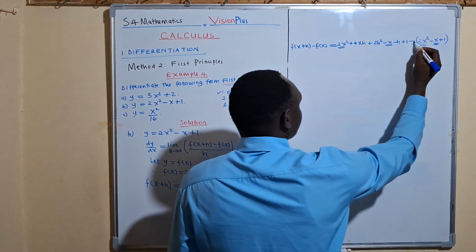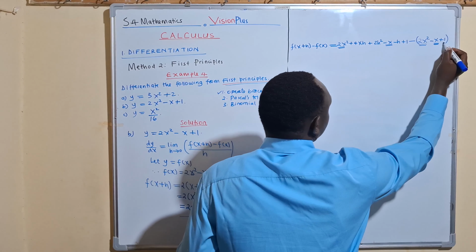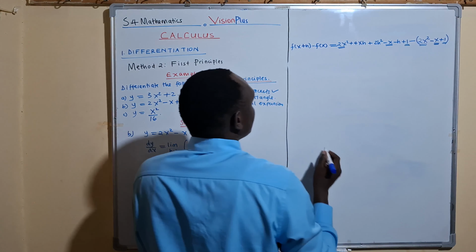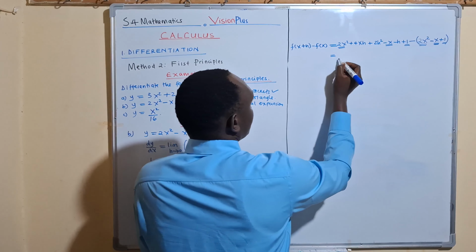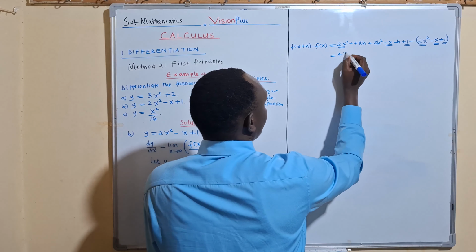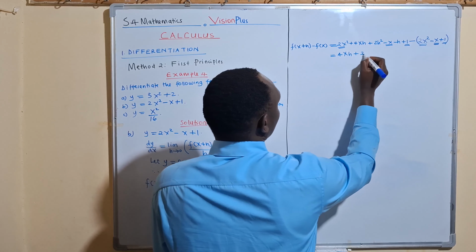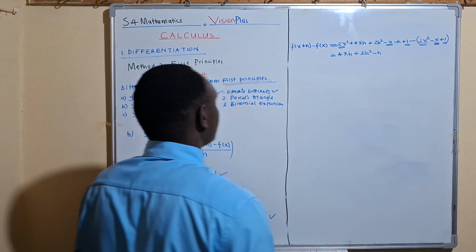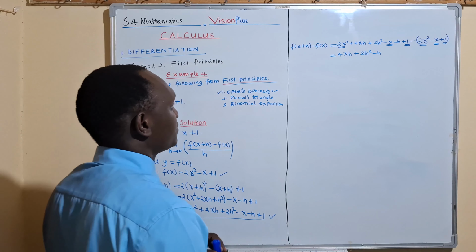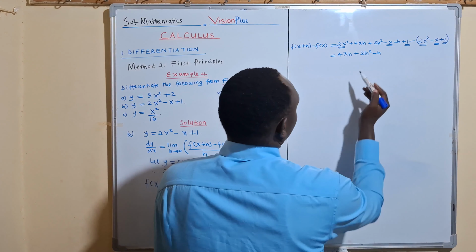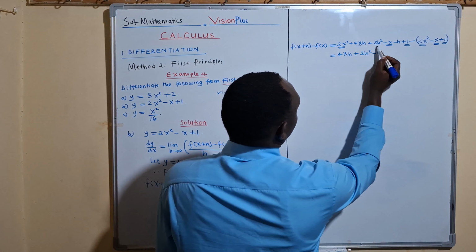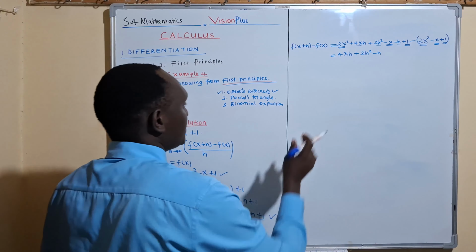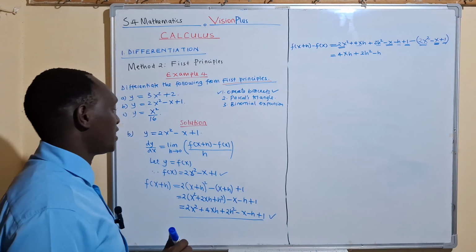There is a positive 1 outside here, so negative 1 cancels out with positive 1. That means the remaining terms are 4xh plus 2h squared minus h. Those are the terms that we are left with, this 1, 2, 3. Yes. So this is the difference of the two functions.